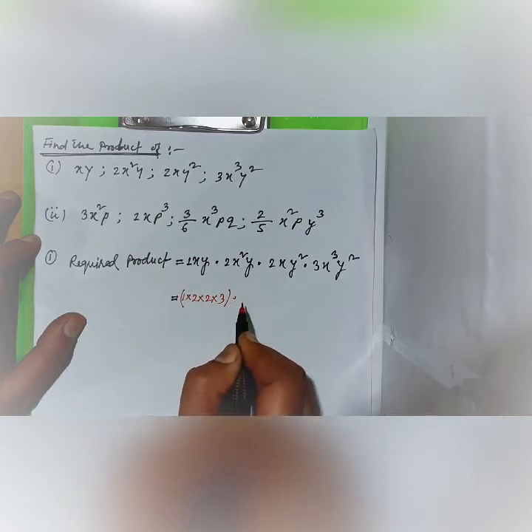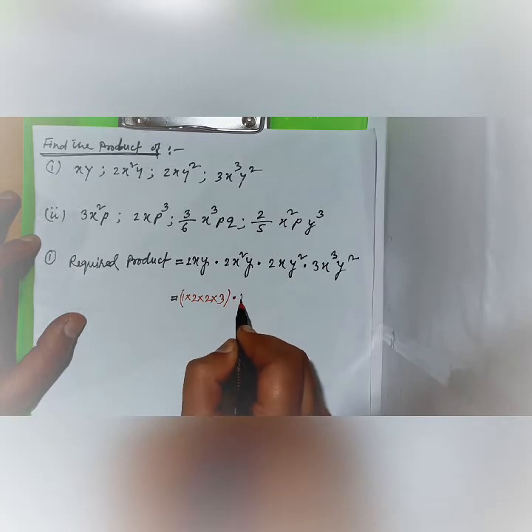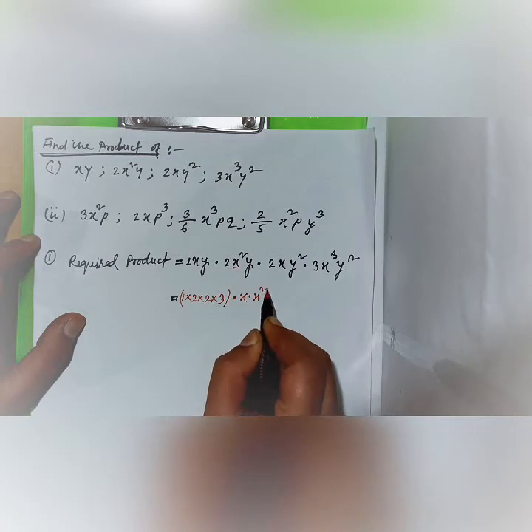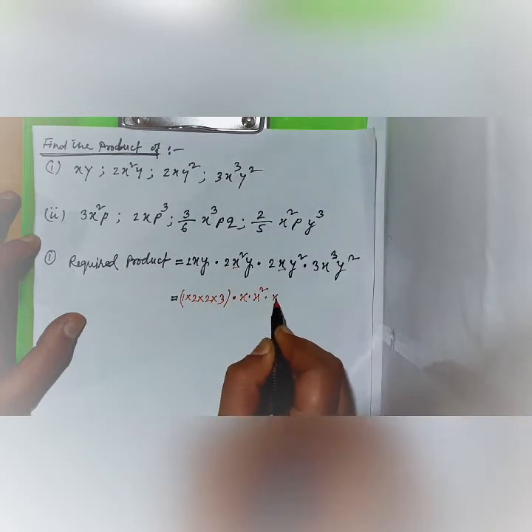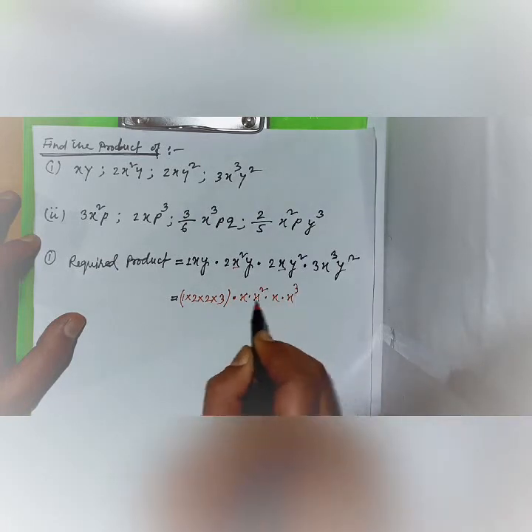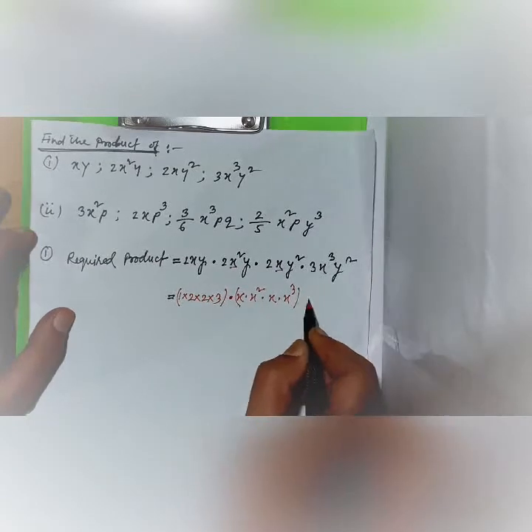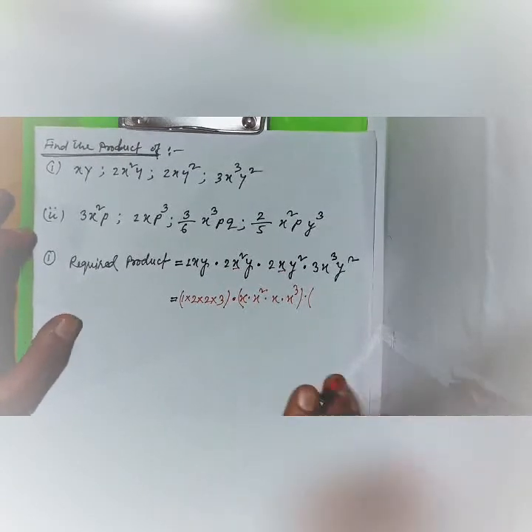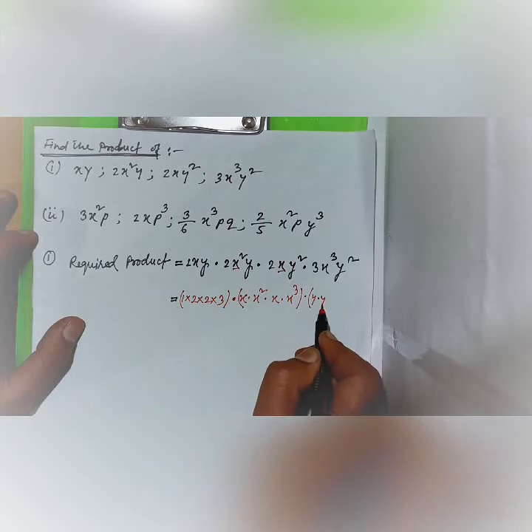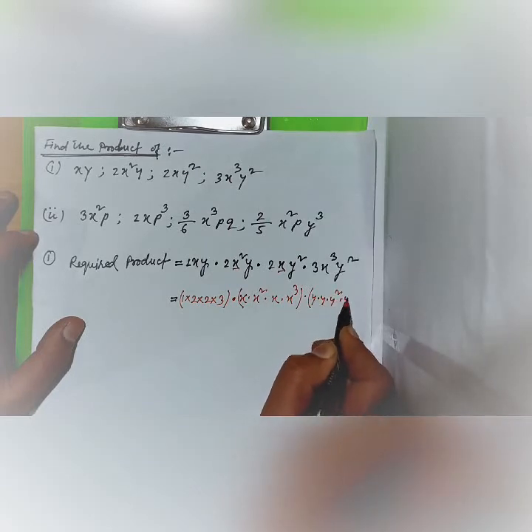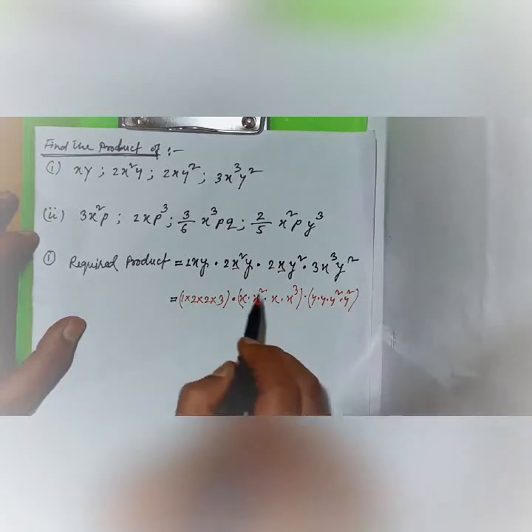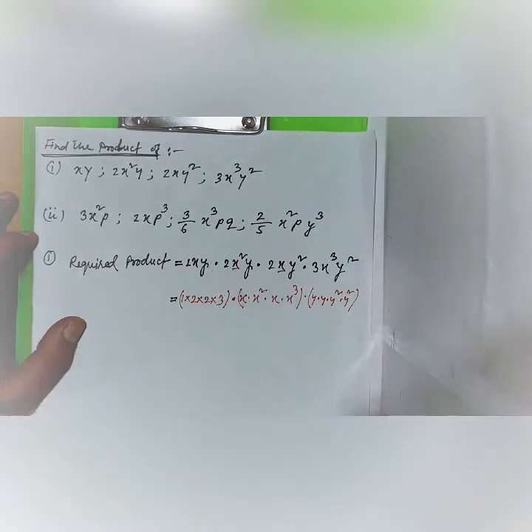Multiplied by all the x variables, the same variable: this one x square, this one again x, this one x to the power 3. This completes the x variable. Now comes the y variable, y, again y square and then again y square. Is there any variable left? No, everything is over.